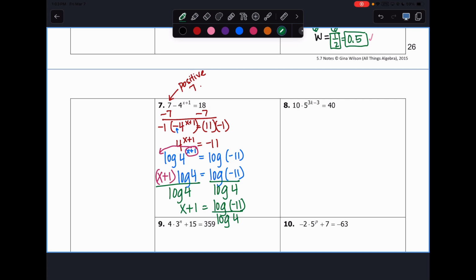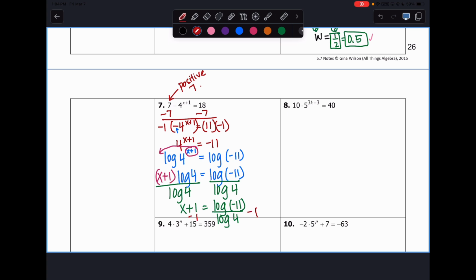Do you remember how the graph looked? The asymptote was at 0, x equals 0, right? Was there any negative inputs there? It was only all positives, right? You could have negative outputs, but you can't take negative inputs. So this is actually no solution, but I want you to finish this.